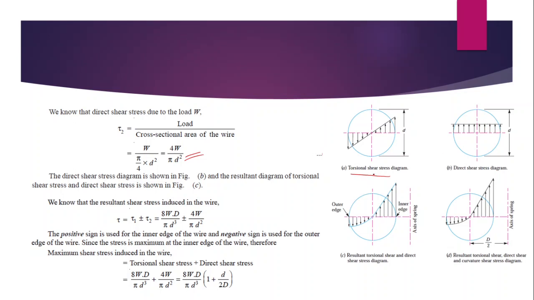Then the resultant of torsional and direct shear stress is like this. Here the magnitude of the resultant stress decreases, but here the resultant stress increases. That means at this position it is the resultant of this value and this value, one upward, one downward.